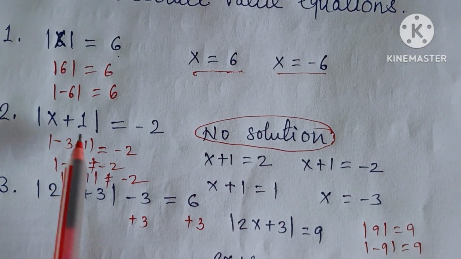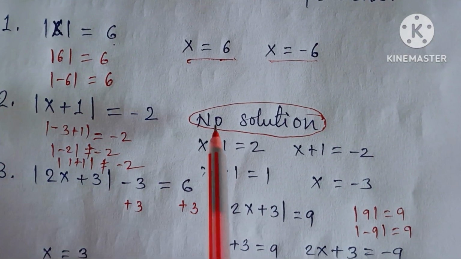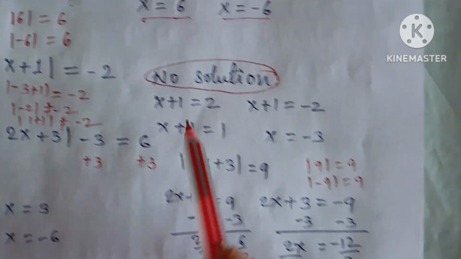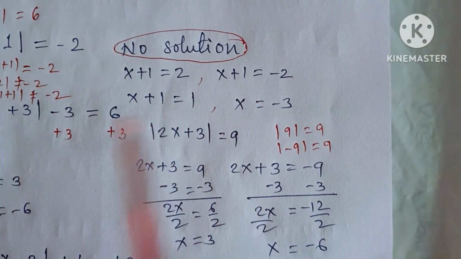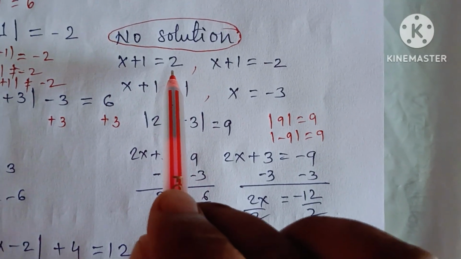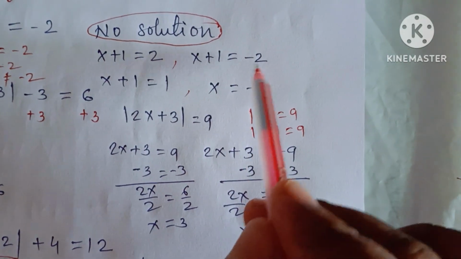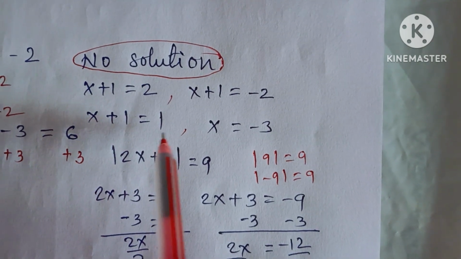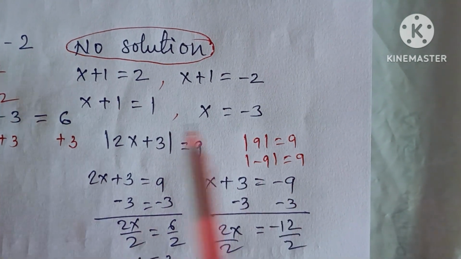Absolute value of x plus 1 is equal to -2. It has no solution. If we treat it as two equations, x plus 1 is equal to positive 2 and x plus 1 is equal to -2, we get x equal to 1 and x equal to -3.